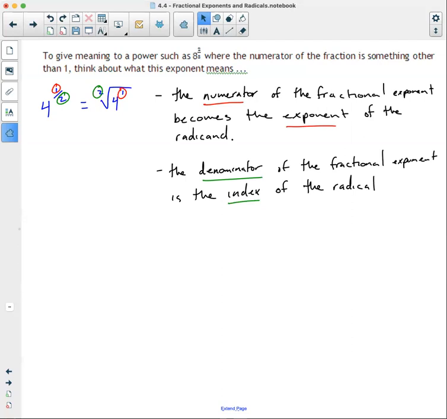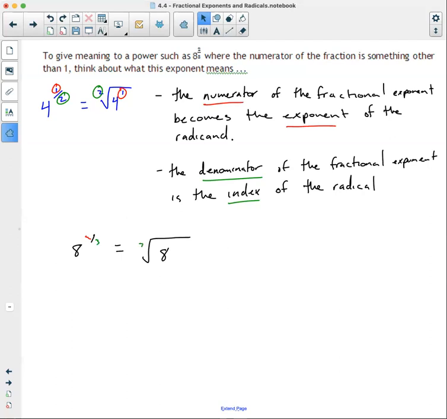So if we analyze 8 to the 2/3, okay, the index is going to be 3, okay, because it's the denominator.